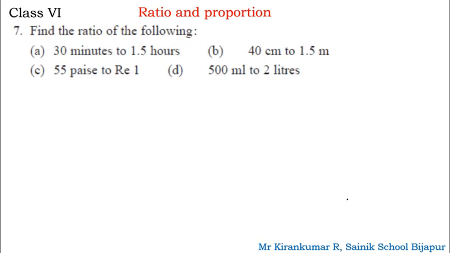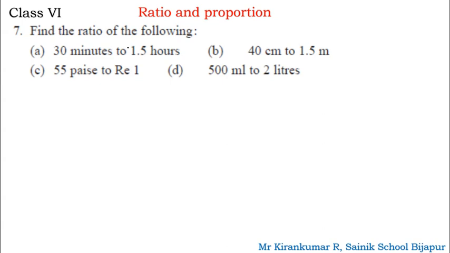Let's solve one more question. As I had mentioned, the units are to be the same. Here, when you observe 30 minutes to 1.5 hours, they have different units. So we have to make them the same unit.